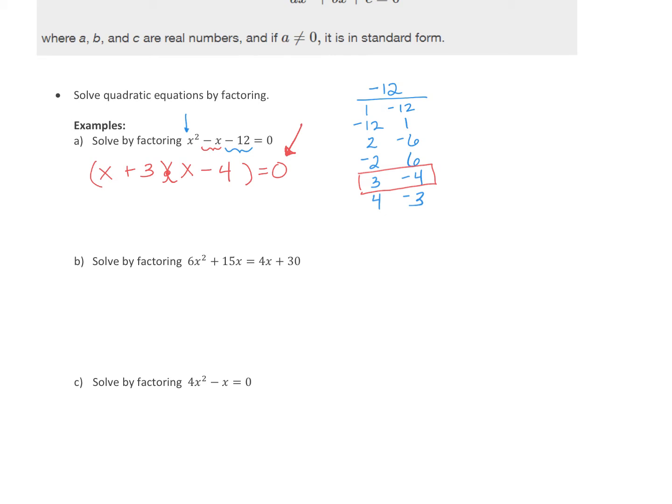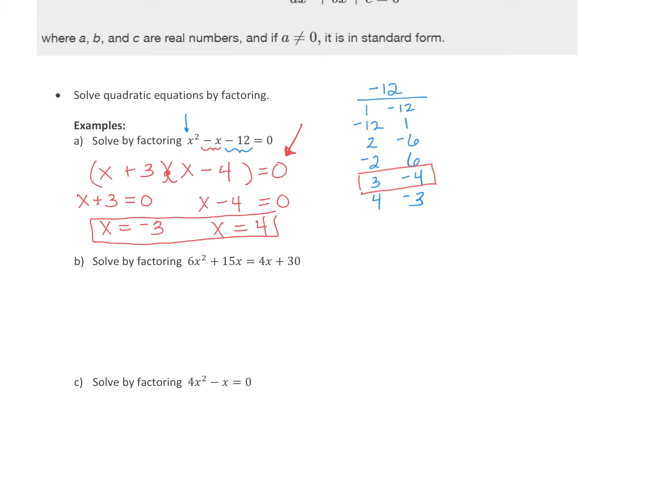So when we say these 2 things multiplied together equal 0, then one of these factors, x + 3 or x - 4, has to equal 0, and then we solve these linear equations. So I'm going to subtract 3 and add 4 and get 2 answers.